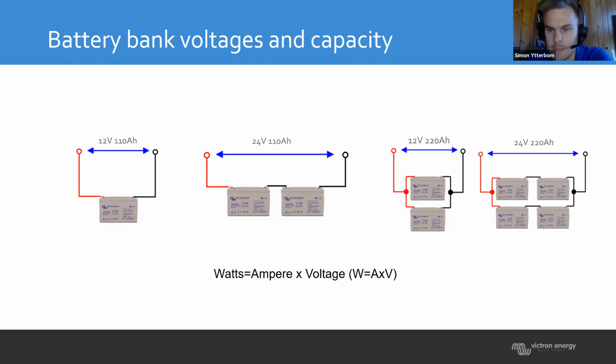And the same if we want to increase both voltage and capacity, then we can combine these two into a series-parallel connection. It's always good to remember this formula down here. Watts is amp hours times volts, because we are on many boats operating on different voltages.